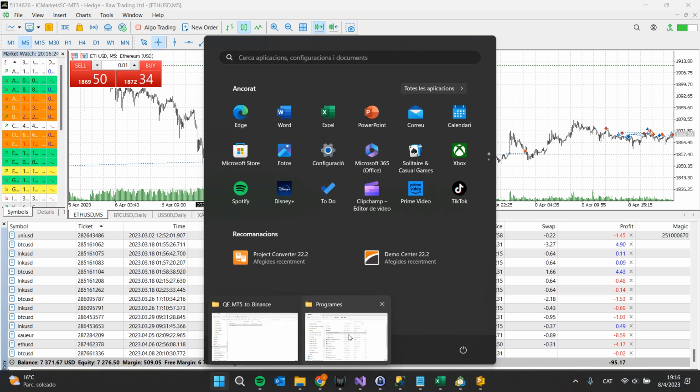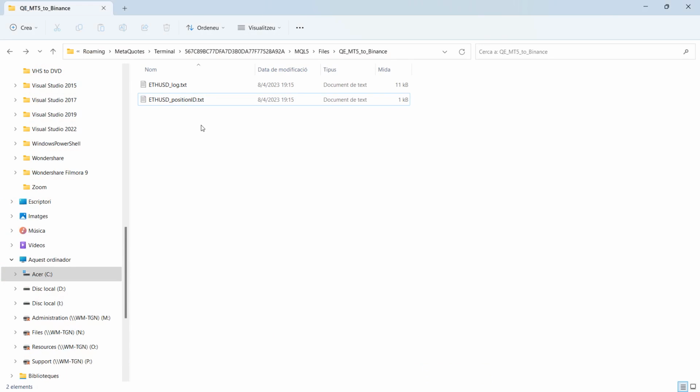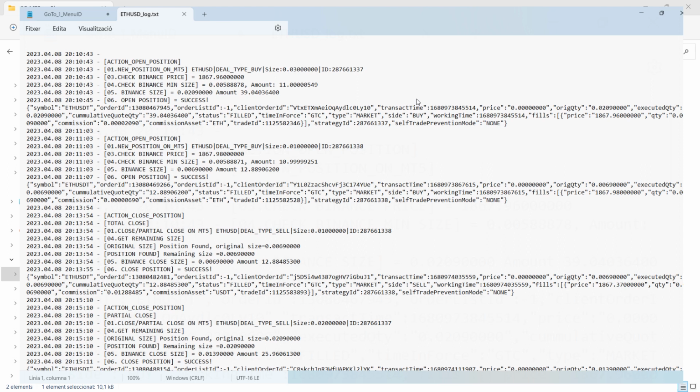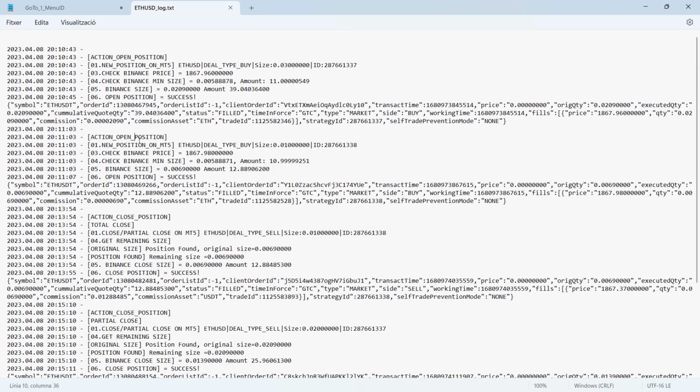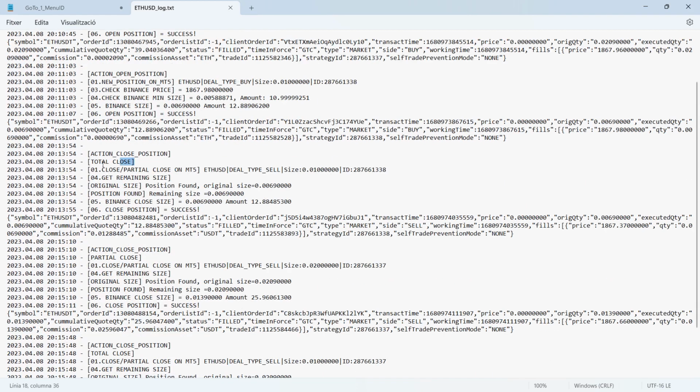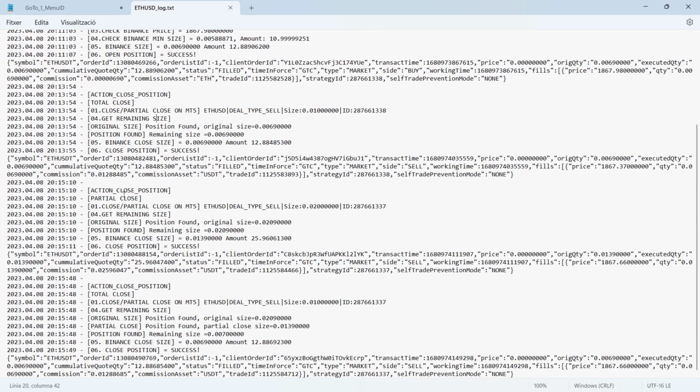You can see here again the detail of the trades. Open, close, which was a total close on the hit of the stop loss, and after that a partial close of the first trade, and finally a total close.